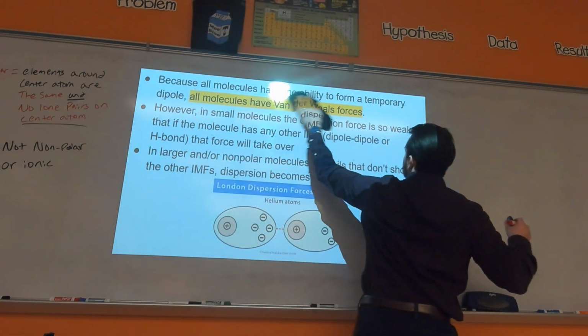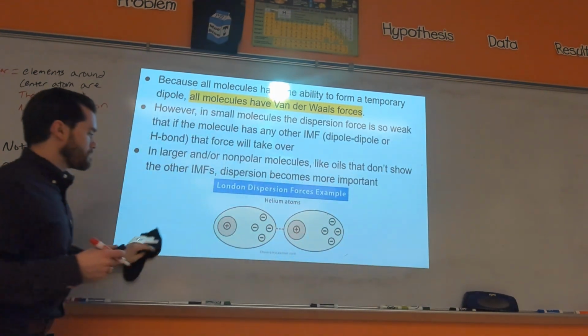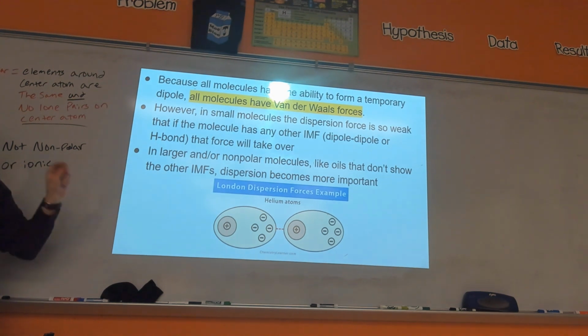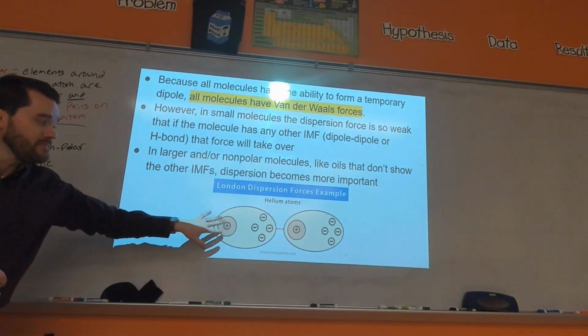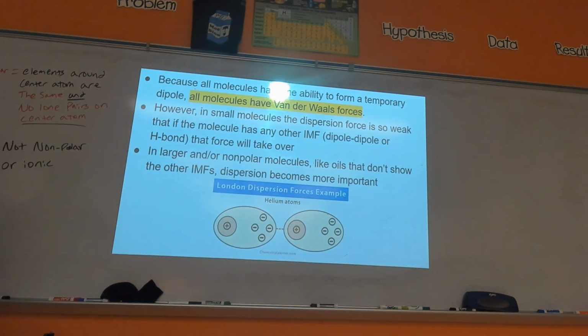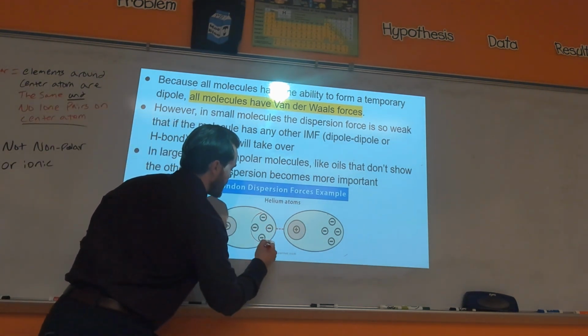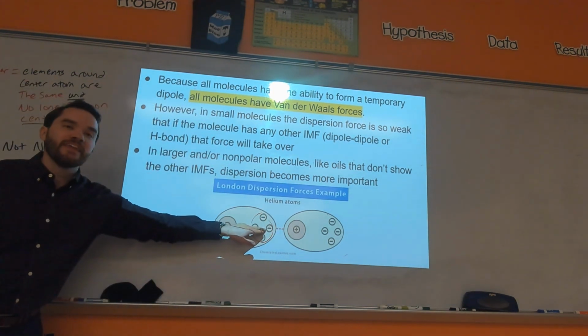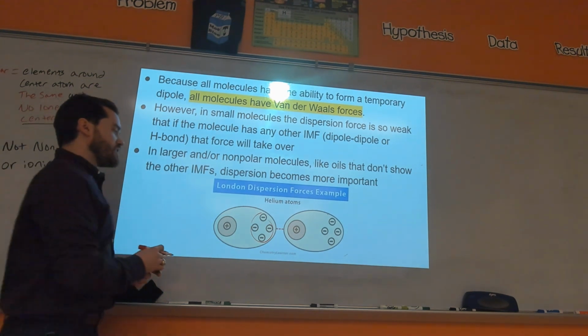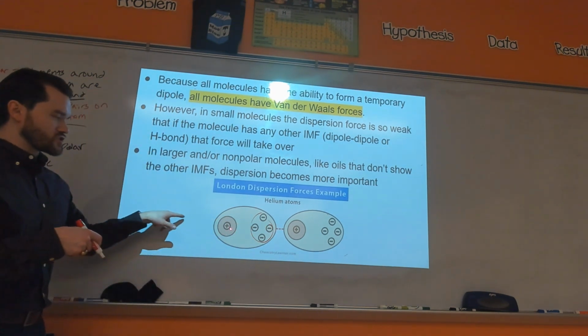So here's another example. They're showing a helium atom. The electrons in helium are on average evenly spaced out, but again, by chance, just like when you flip that coin, you can get the electrons favoring one end of the atom over the other. That would give a partial negative over here and a partial positive over here.